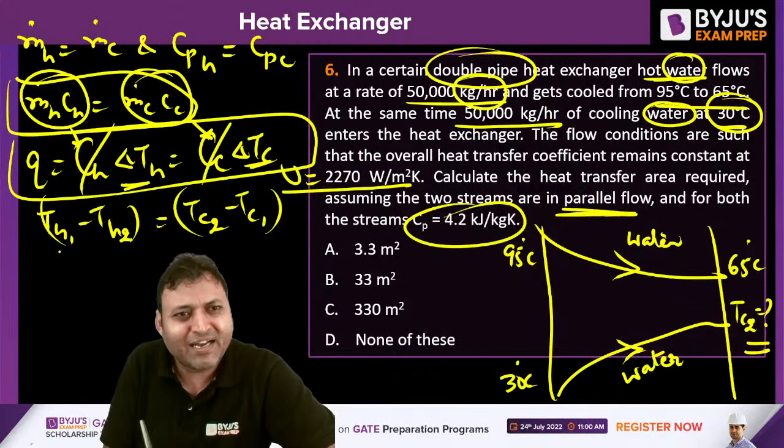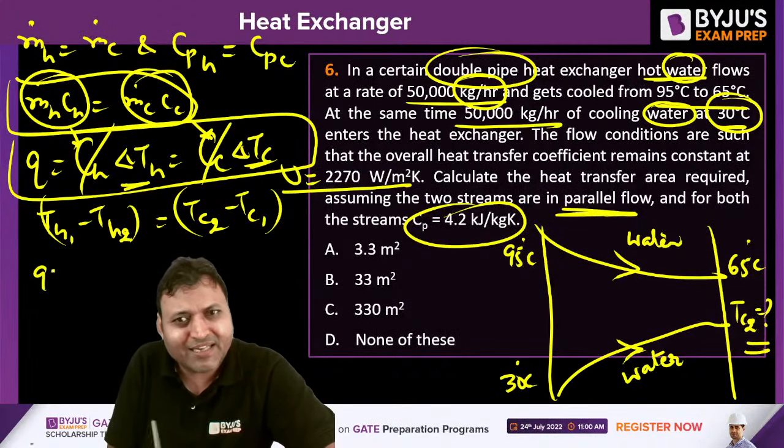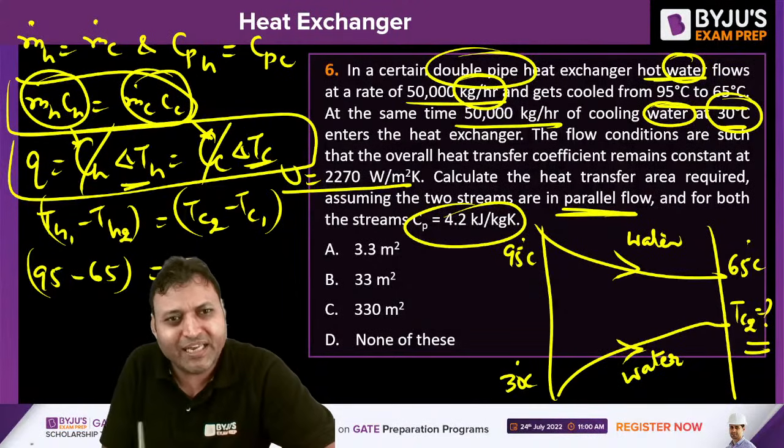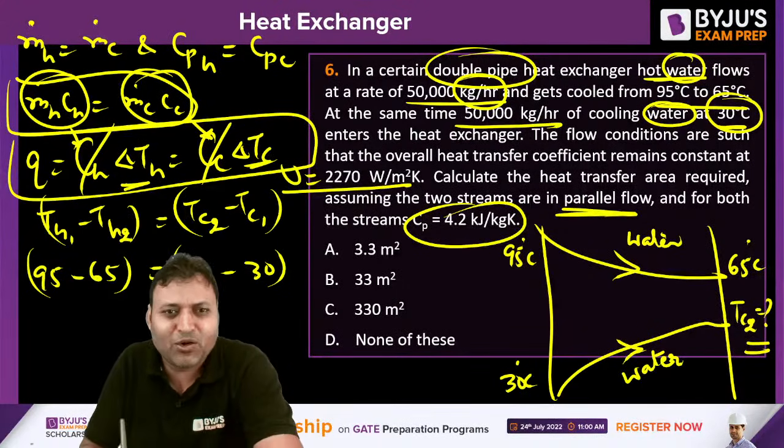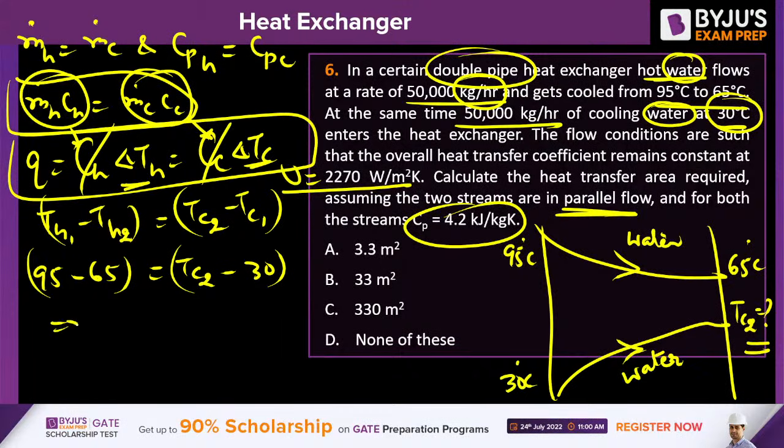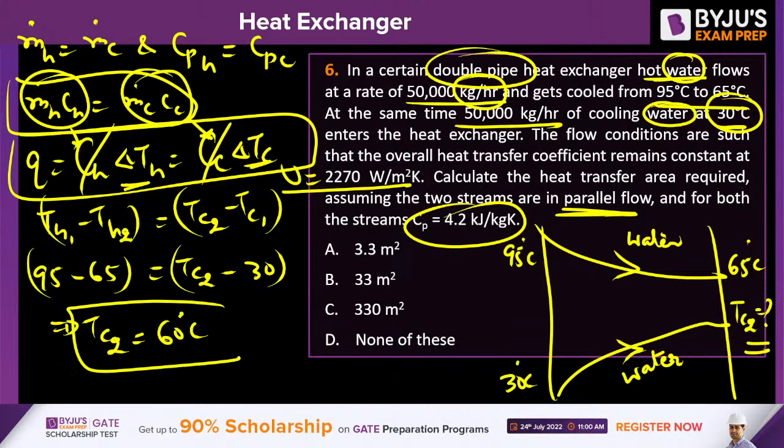From here, 95 minus TH2, 65, is equal to TC2, which is unknown, minus TC1, 30. From here we will be able to get TC2. What is the value of TC2? You will be getting TC2, that is 30 plus 30, 60 degrees Celsius.